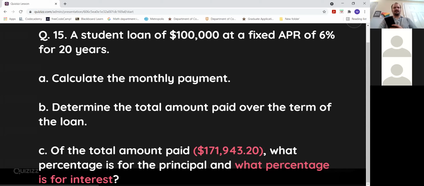So I think first you have to find how much of this thing is going to be interest. And then you have to divide what interest by this total. So it should look similar to what we did last time.